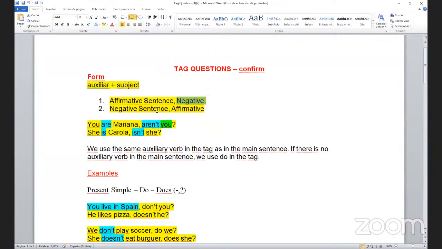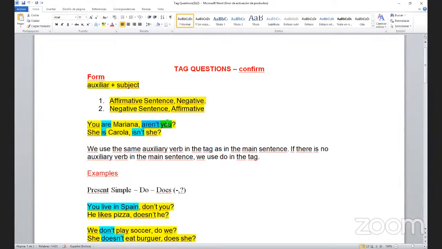If I say, you are Mariana, in this case my auxiliary is are, and this are in my sentence is affirmative. But my tag question has to be the opposite: aren't.